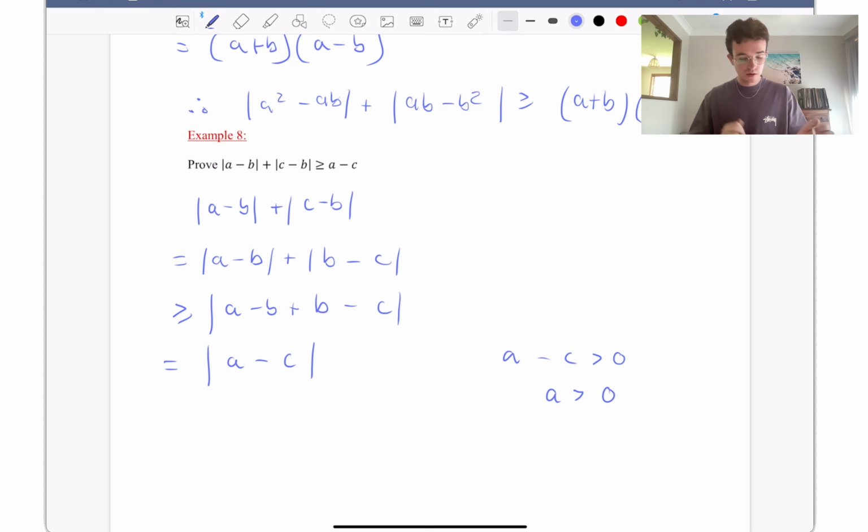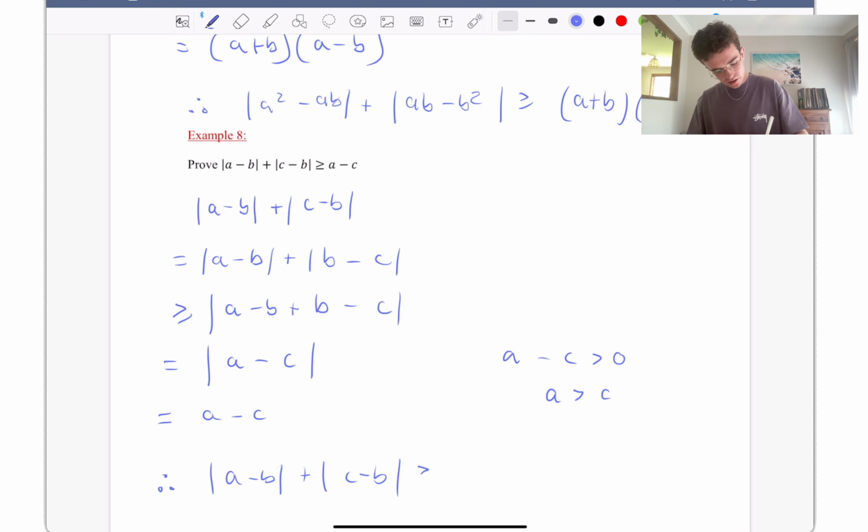It's impossible. So since a is greater than c, this has to be equal to a minus c, because if a is bigger than c, then a minus c has to be a positive number. So therefore, the absolute value of a minus b plus the absolute value of c minus b is greater than or equal to the absolute value of a minus c.